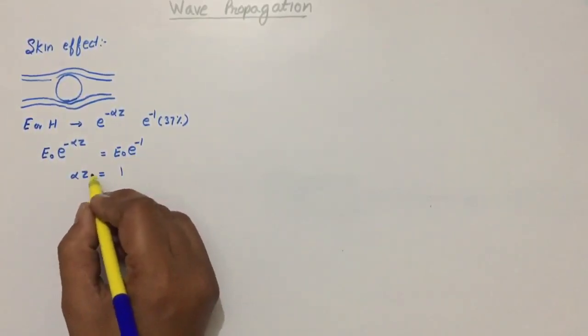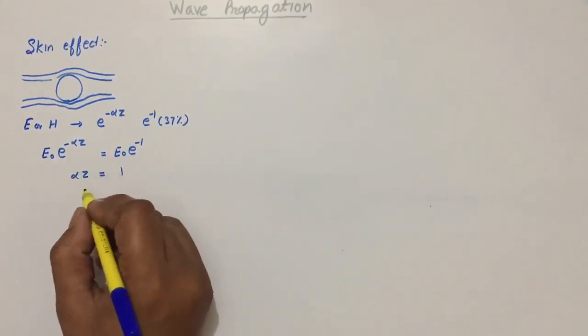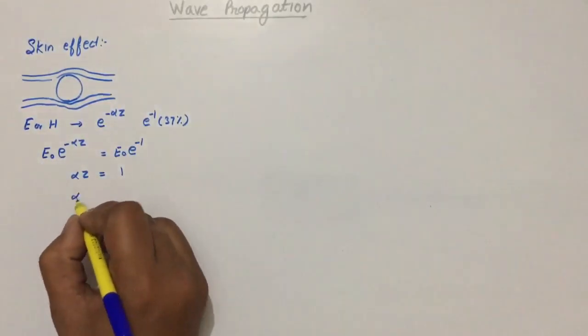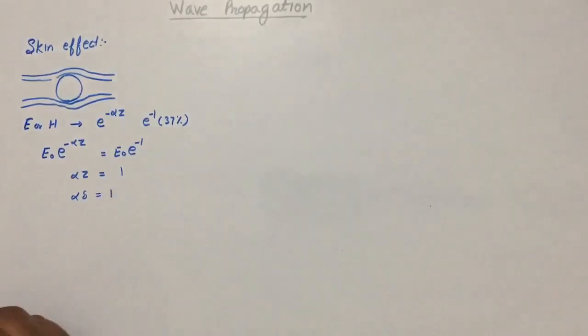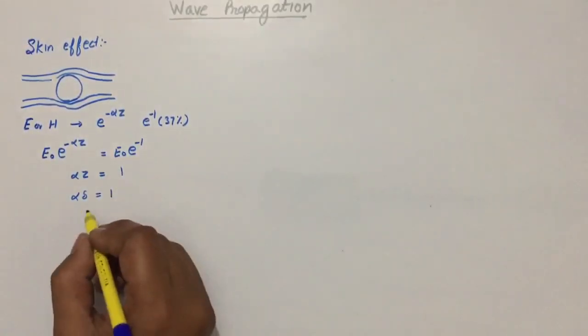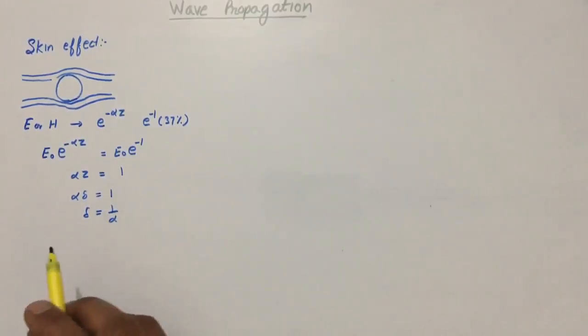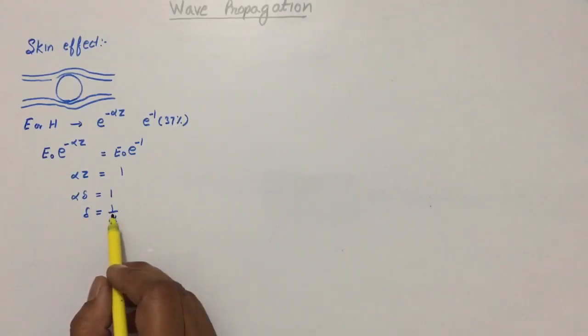From here, z is the length traveled by the wave in the conductor. So it is represented in another way, that is delta. Okay, so from here it is 1 by alpha. So skin depth is equal to 1 by alpha.